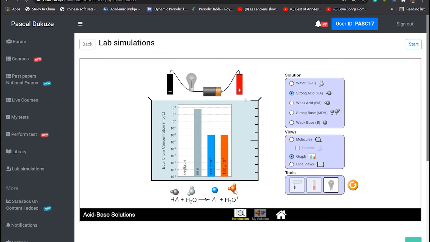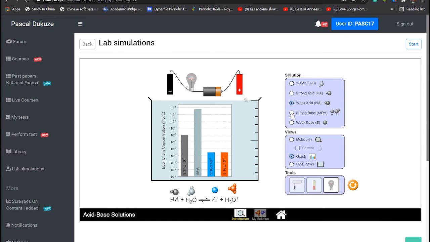And with the weak acid, you can see that the concentration of the combined species is very high compared to the concentration of dissociated species. Okay? Of course, because here we have a monoprotic acid, an acid which can produce a single proton, then we have the same number of negative parts and positive parts.